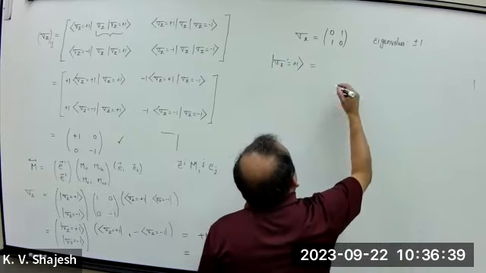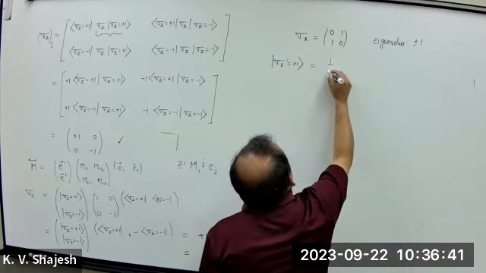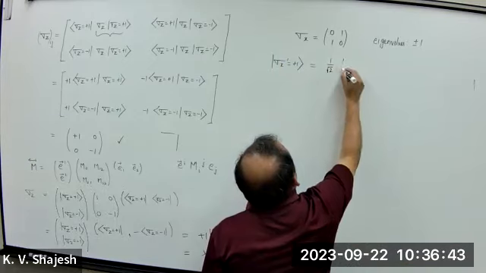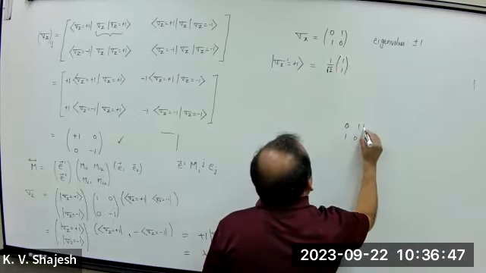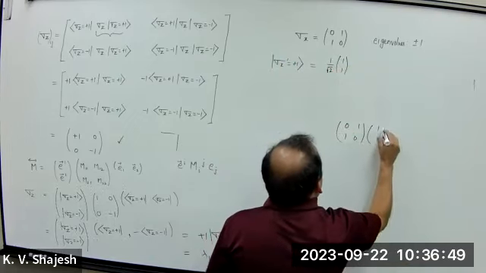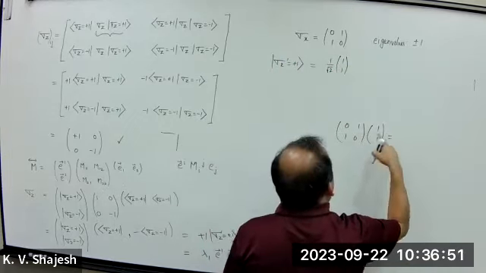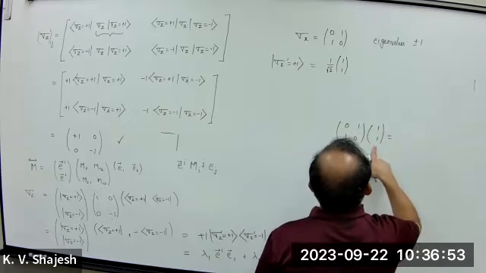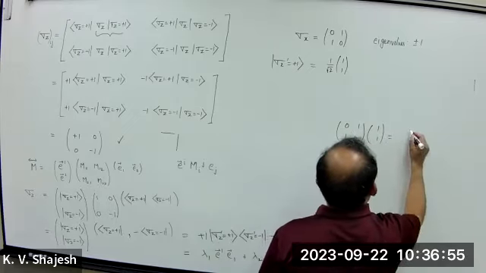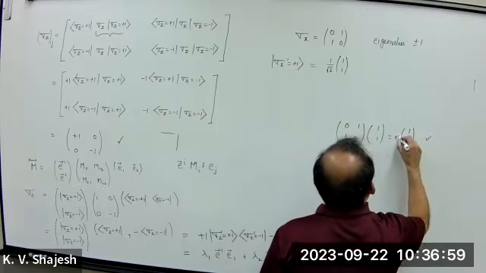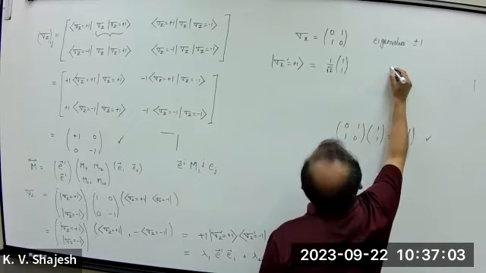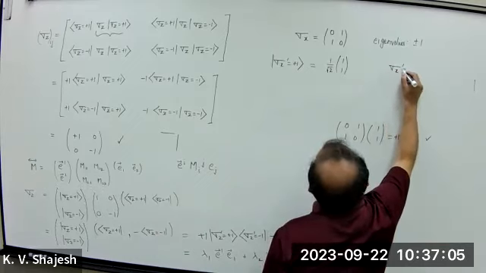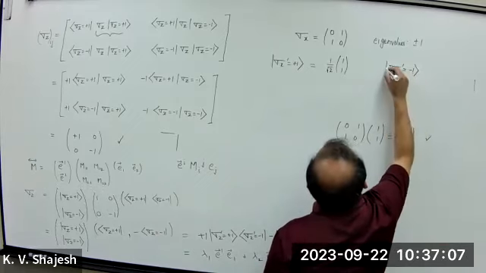Is equal to 1/2 times 1, 1. Okay. 0, 1, 1, 0 times 1, 1 is equal to 0, 1, 1. So that's correct, and that's a plus 1. And the second eigenvector is sigma x prime is equal to minus 1.